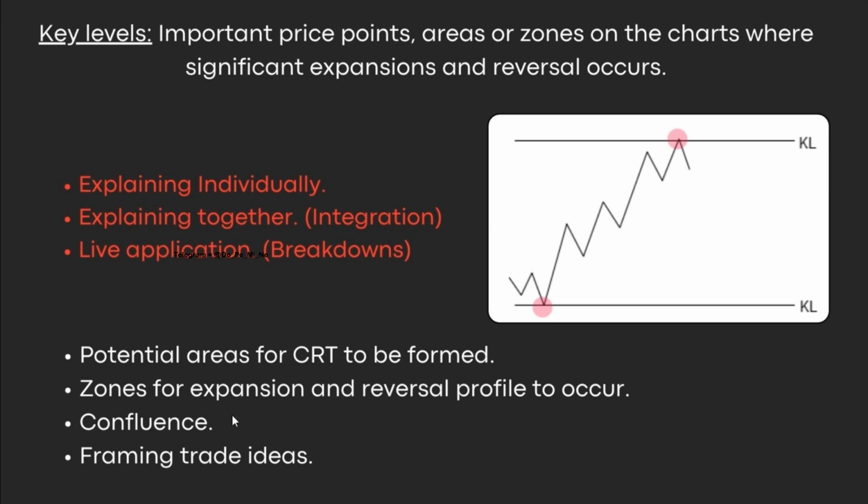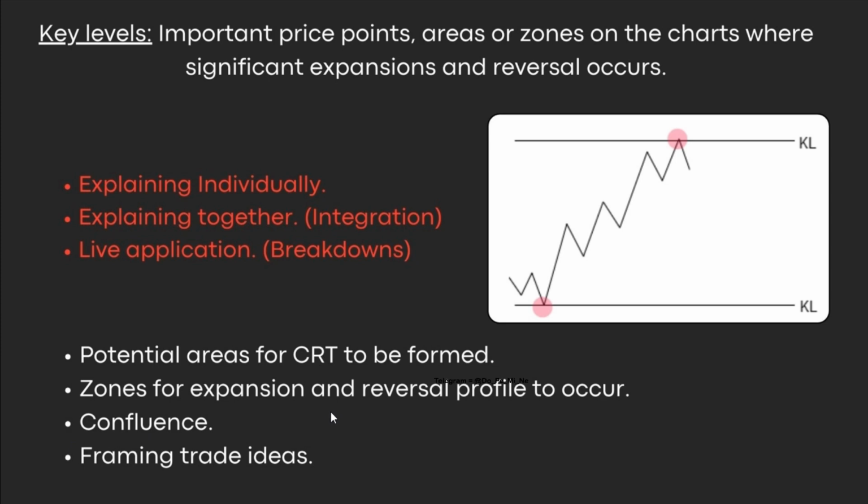They can be used as confluences for your trade ideas, meaning if you found a potential trade idea and it has a key level as a factor, then you can potentially regard that idea as a high quality trade or an A plus setup. But similarly, if it doesn't have any key level as a confluence, then you can manage your risk respectively on those sorts of trades and trade them accordingly. So you can see how you can use key levels to manage your risk, right?